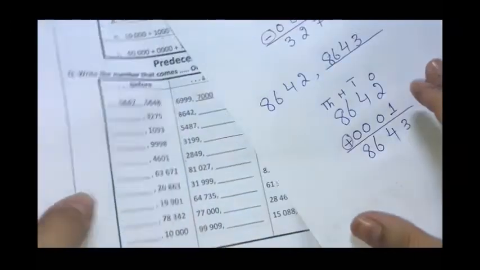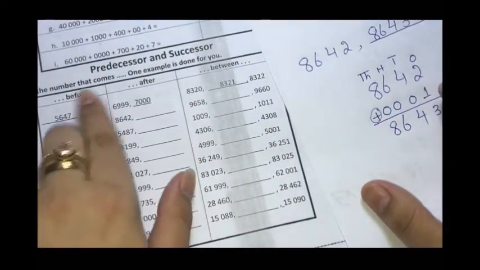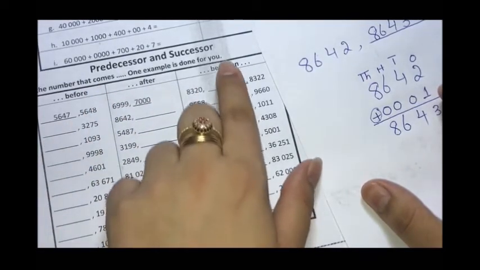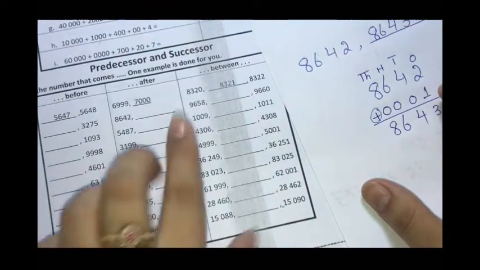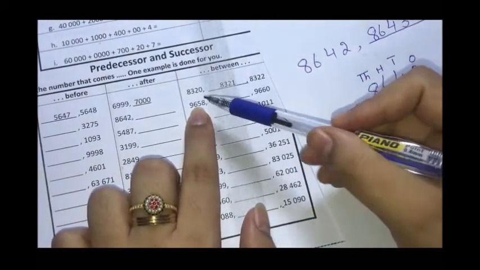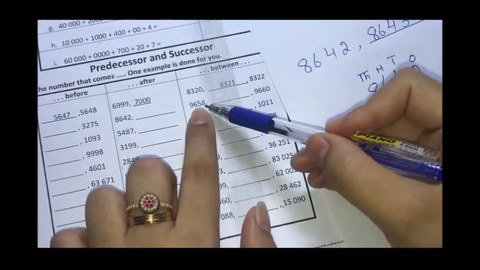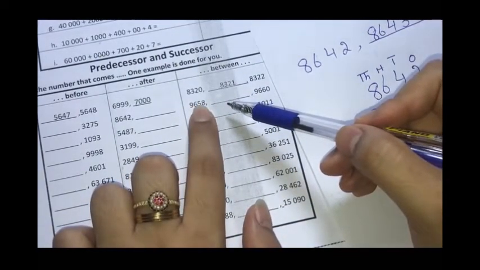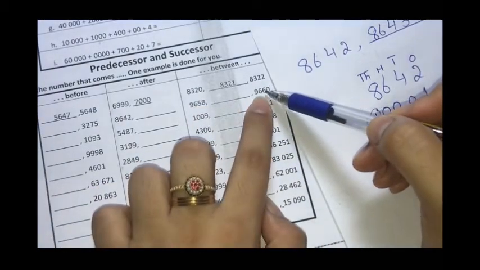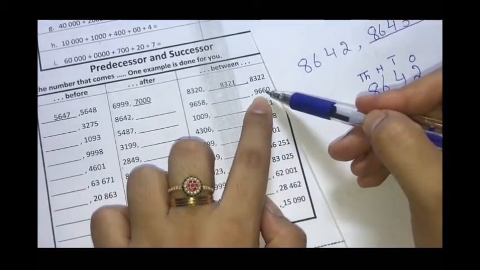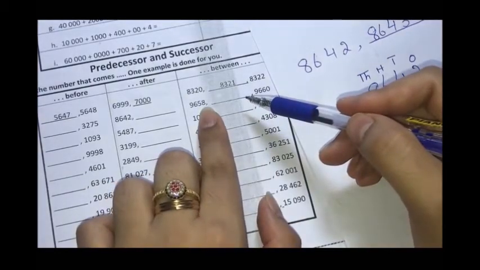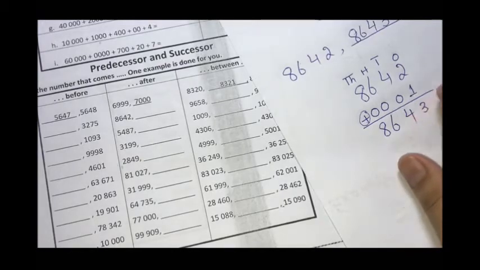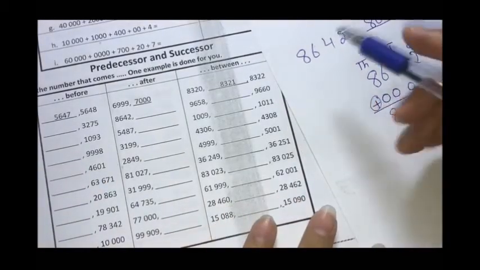Now, the third thing. Here we have to write the number that comes between. You can do it in two ways. You can add 1 to the smaller number, or you can subtract 1 from the larger number. You have the choice, you can do it the way you like, right?